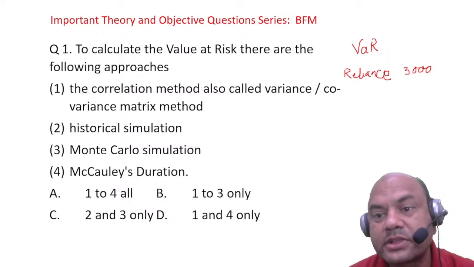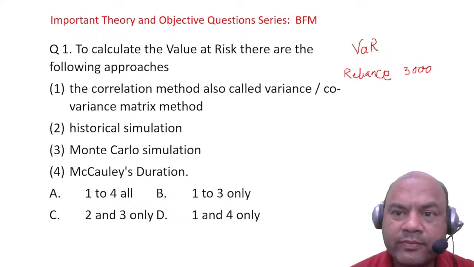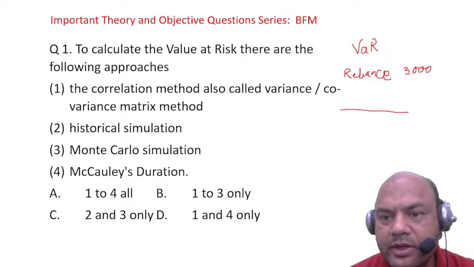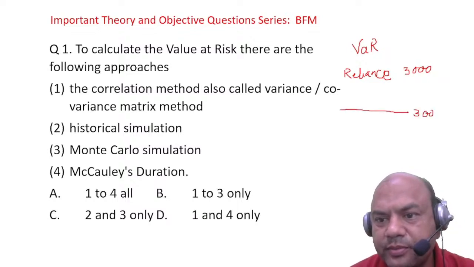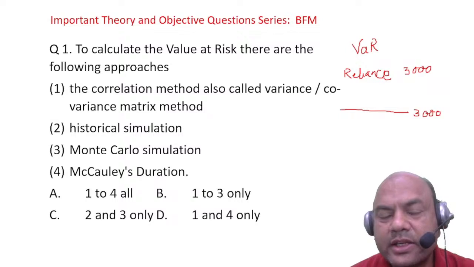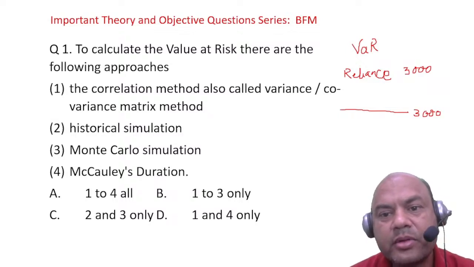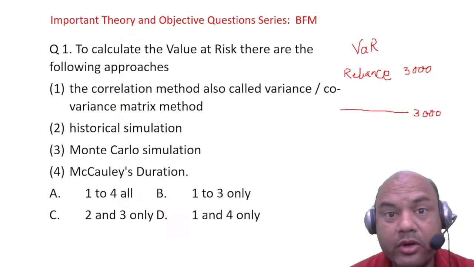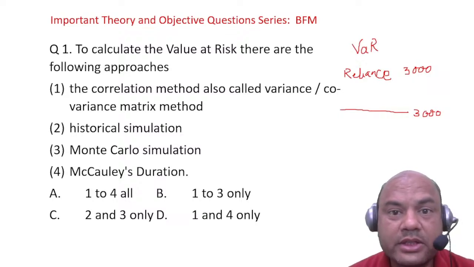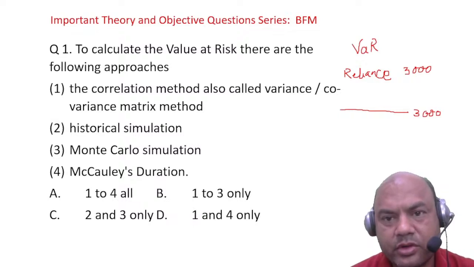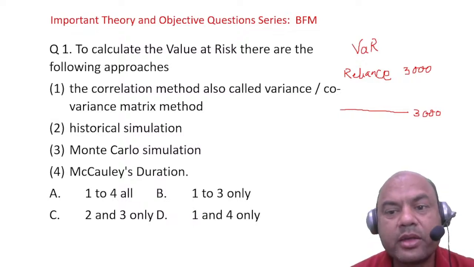Is my amount at risk the complete 3000? No. Suppose this is the price of Reliance, 3000, and this Reliance share is fluctuating per day, per week, depending on my tenure or period. Suppose in a month, Reliance is fluctuating 5%.